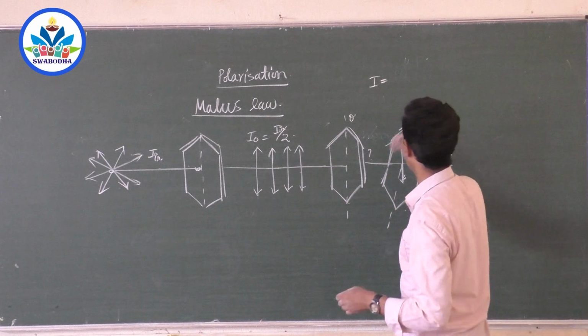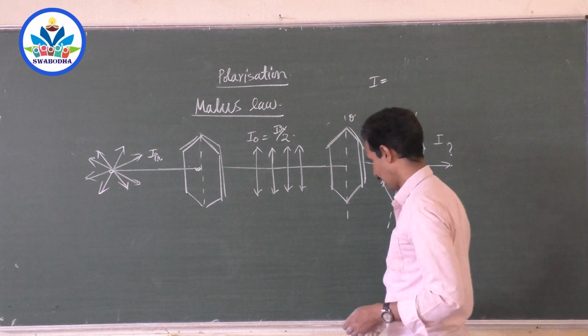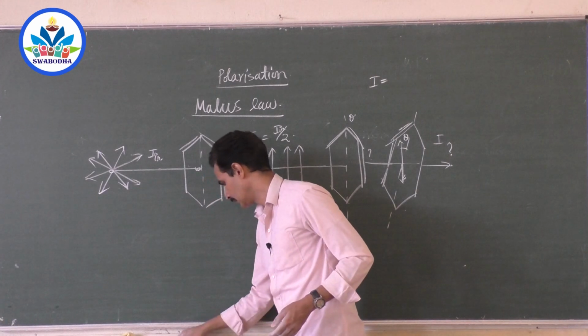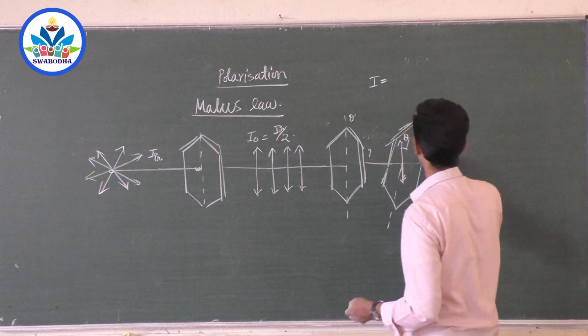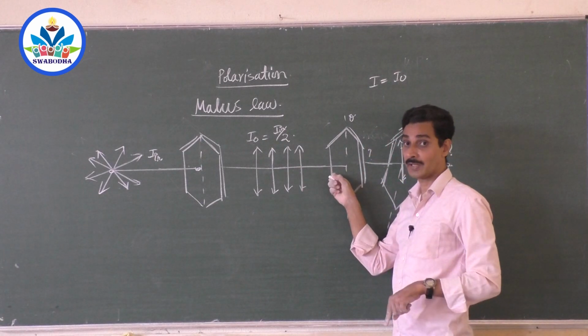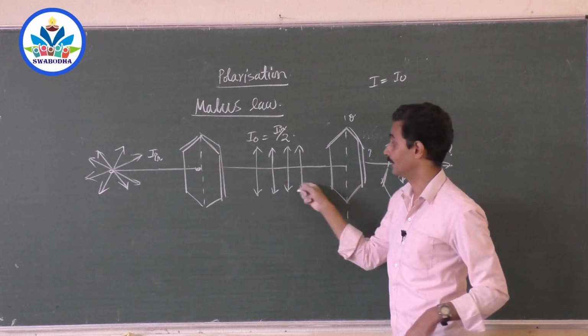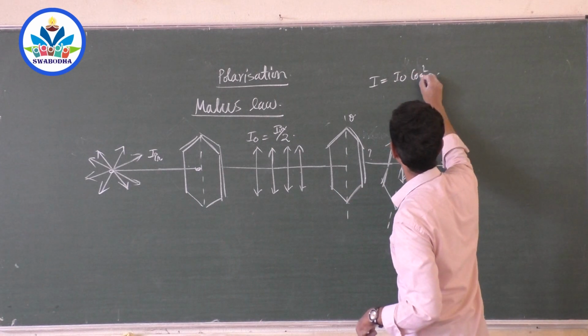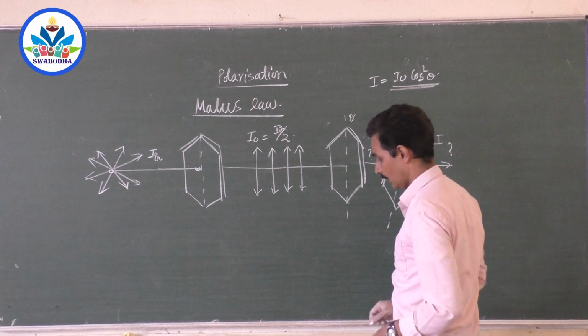The intensity of the outcoming light, that is what I call I. So the intensity of the outcoming light out of the analyzer, I is equal to I naught, the intensity incident on the analyzer, this one, I naught cos squared theta. This is what is Malus law, right?